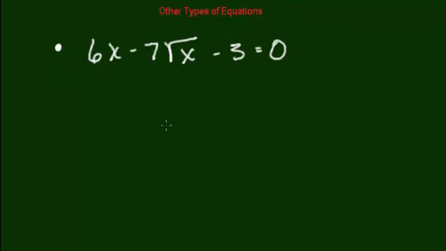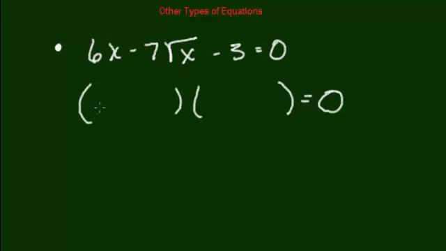When looking at these types of equations, it's important to notice that it kind of looks like a normal quadratic. It has 3 terms, so I'm going to factor it as such. Looking at my middle term, I'll notice that square root of x times the square root of x is x.